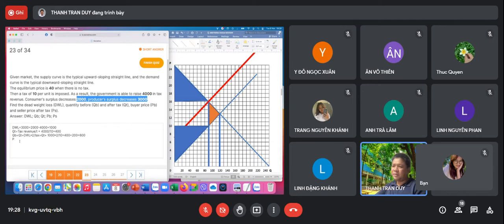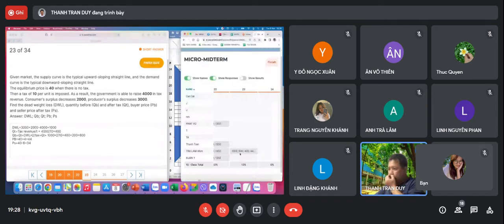So actually with the tax of 10, 40% means PB will be 40 plus 4, and PS will be 40 minus 6, so equal to 44, and this one is 34.